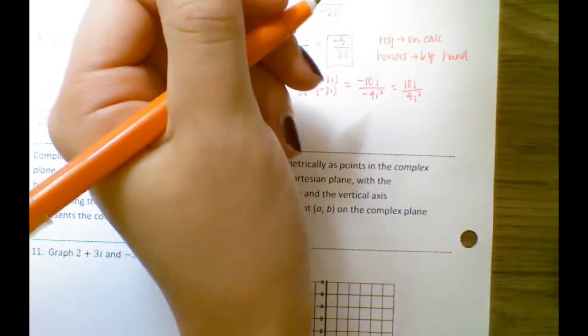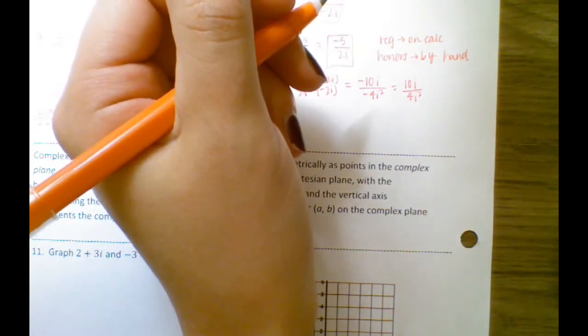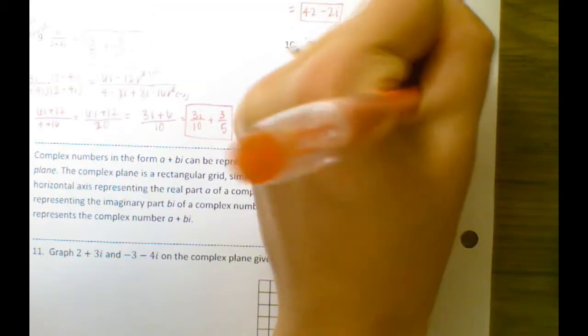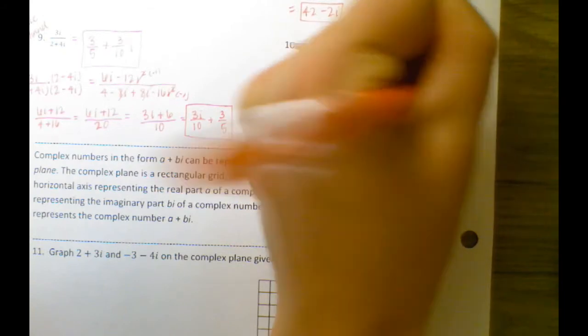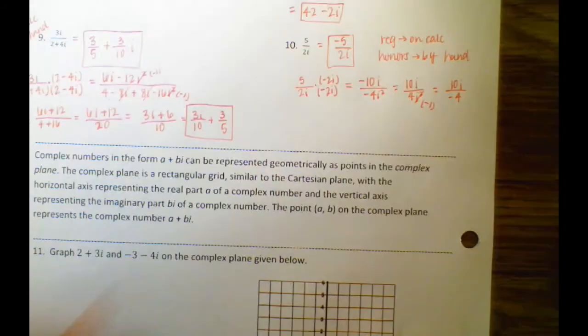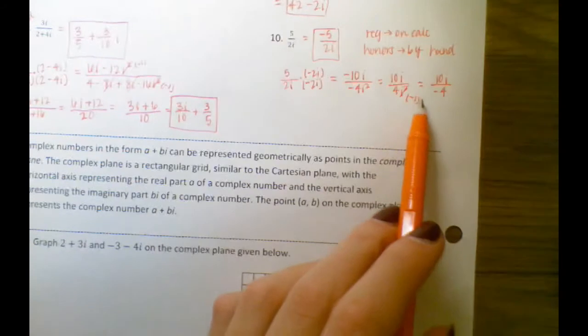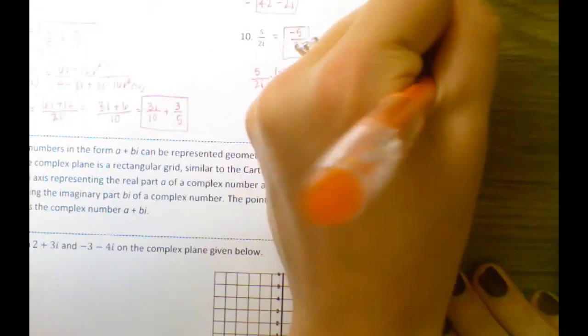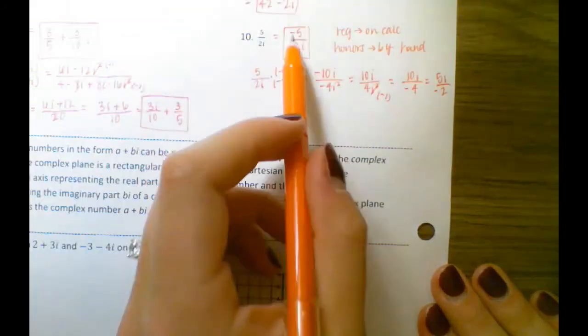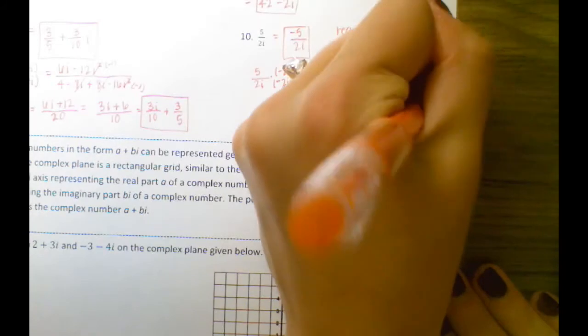But we know that i squared is negative 1, right? So this is really 10i over negative 4. 4 times negative 1 is negative 4, right? Well, then that even reduces. I can divide those both by 2, so I get 5i over negative 2, which is the same thing as negative 5 over 2. So, okay?